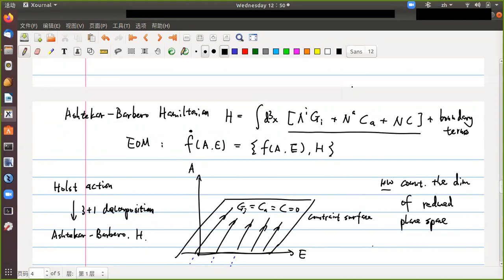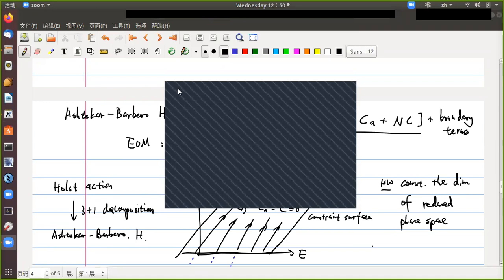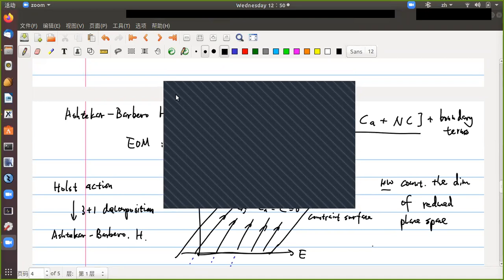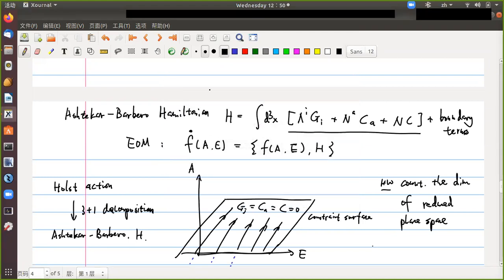This is also the difference between general relativity and any other field theory you have learned before. In any other field theory, you have a Hamiltonian, and the Hamiltonian generates time translation. But for gravity, the Hamiltonian is zero on the constraint surface, which means that it is very special.